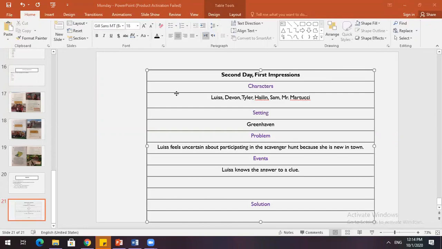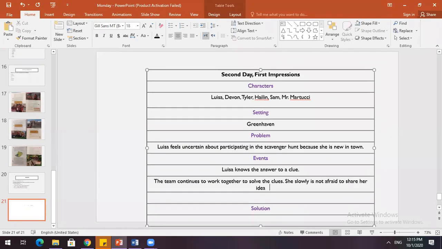Okay, next, the team continues to work together to solve the clues. She slowly is not afraid to share her ideas. Okay, any more events before the solution?